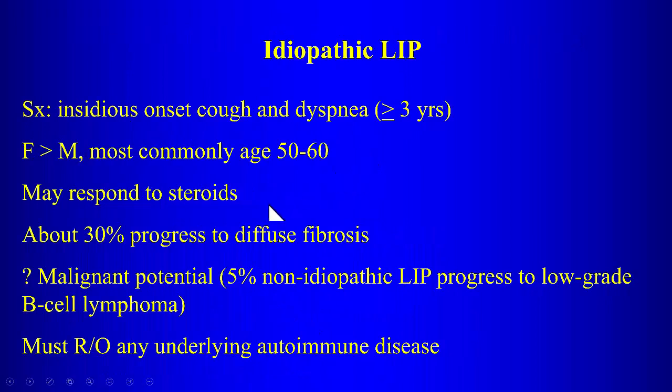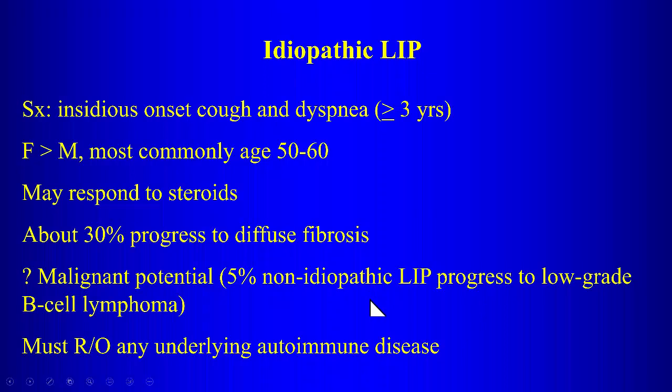As an idiopathic entity, maybe a response to steroids, might progress to fibrosis. Again, this is all very questionable. It does not seem to have a malignant potential, also in AIDS, although in Sjogren's it can be pre-malignant.